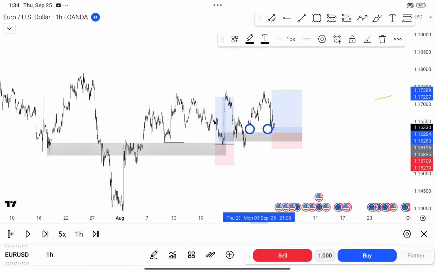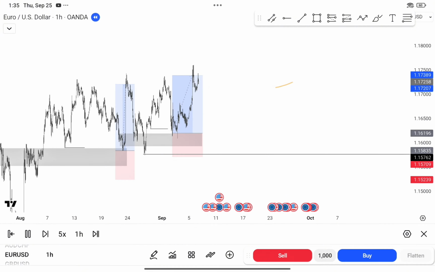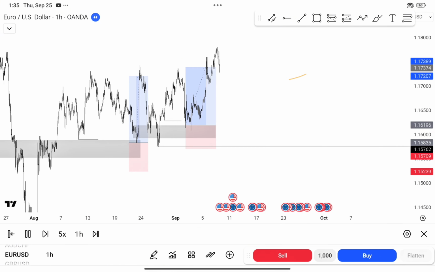Okay, TP smashed. I've showed you 2 examples from different currency pairs and it worked perfectly fine.